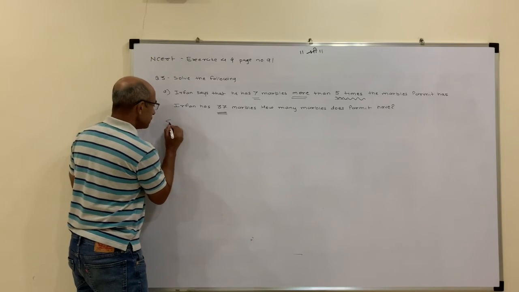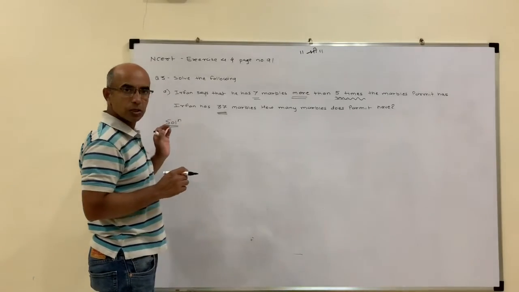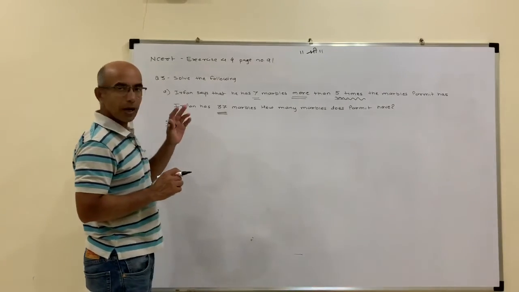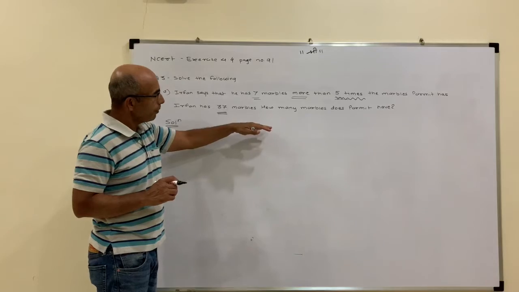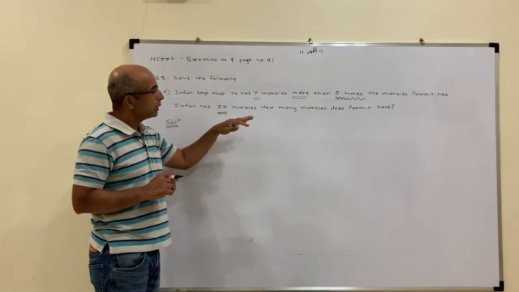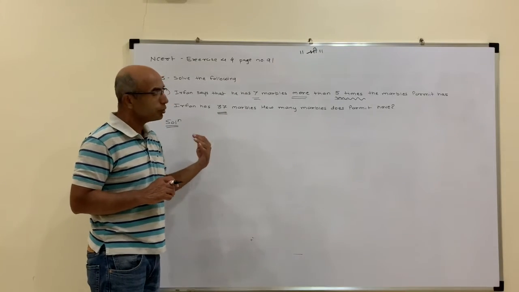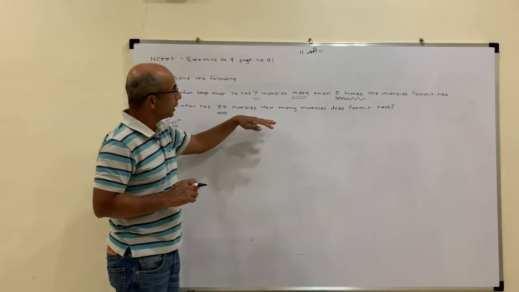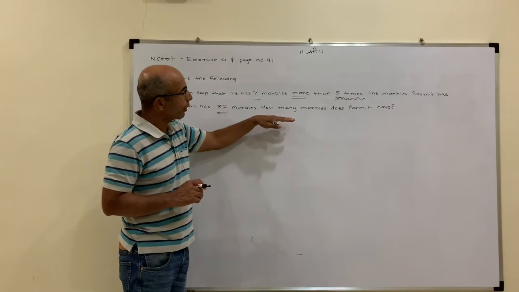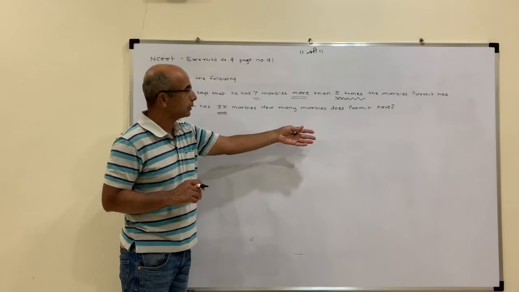Now first we'll construct the equation and then we'll solve the equation. Now as I mentioned before, we need to consider a value x for the value to be found out. So now what is to be found out in this problem? In this problem we need to find out how many marbles Paramit has.